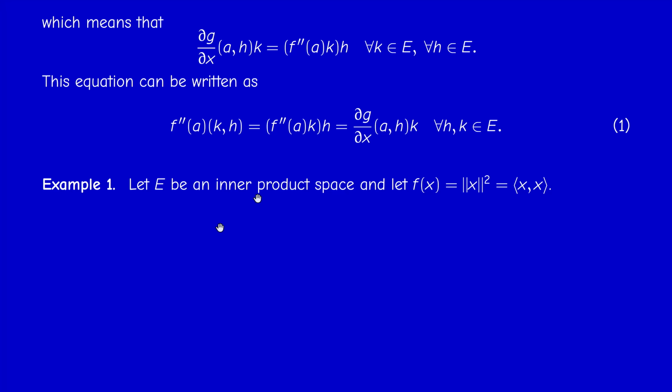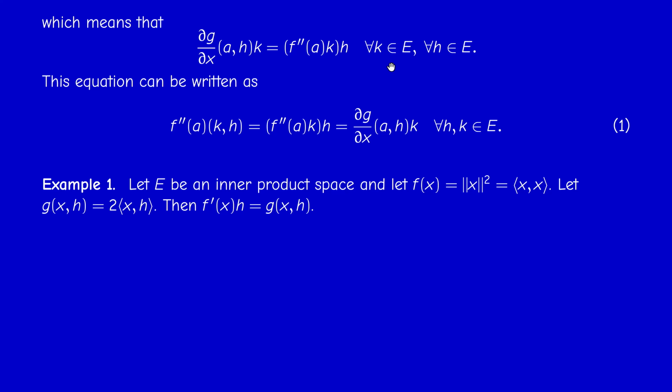So let us revisit this inner product example before. We know that the derivative of f at x in the direction h is just the dot product. So it happens in this case that the derivative is linear in x as well, but this is not always the case. Okay, so what is the derivative of g with respect to x if I fix h? Since g is linear and bounded in x, then its derivative is equal to g. Right? This is by chapter 2.